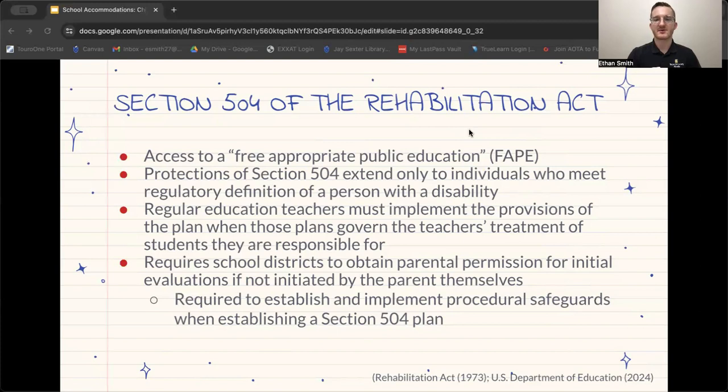School districts are also required to establish and implement procedural safeguards when establishing a plan. This includes providing parental notice, an opportunity for parents to review relevant records, an impartial hearing with an opportunity for participation by the student's parents or guardian, representation by counsel if desired, and a review procedure.